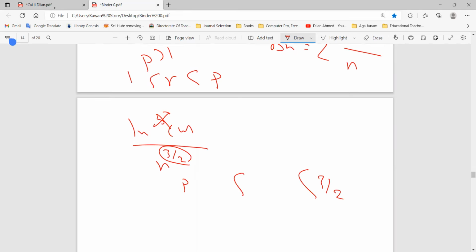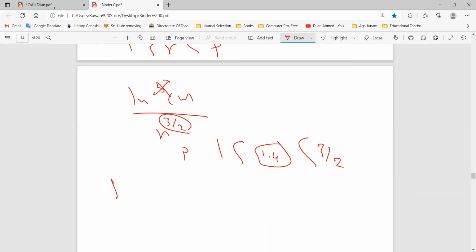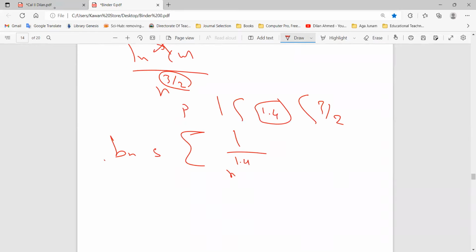So I'm going to find R here. That's your duty. For example, you say 1.4, we say that, right? So your duty is to say we have a Bn 1 over n to the 1.4, then I'm going to say this is 100% converge.